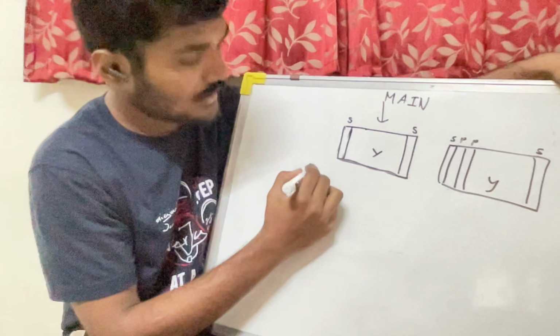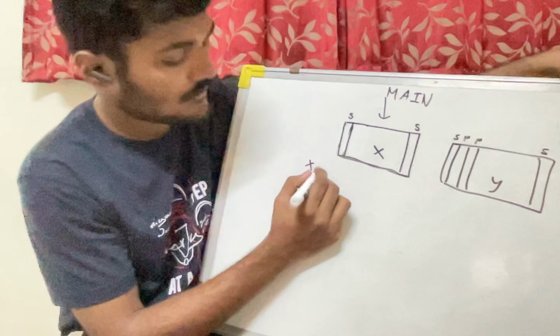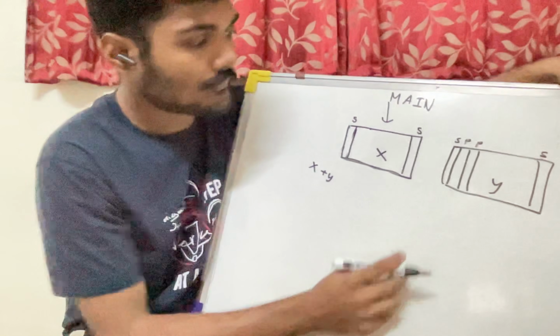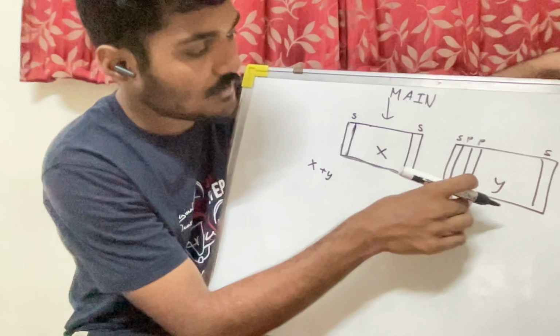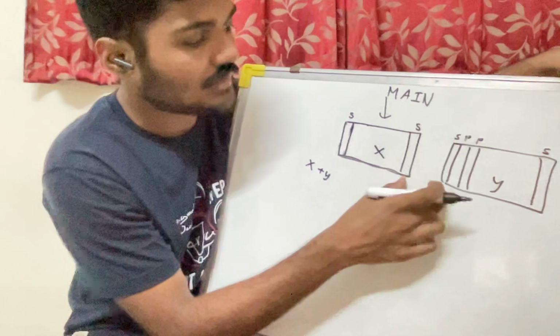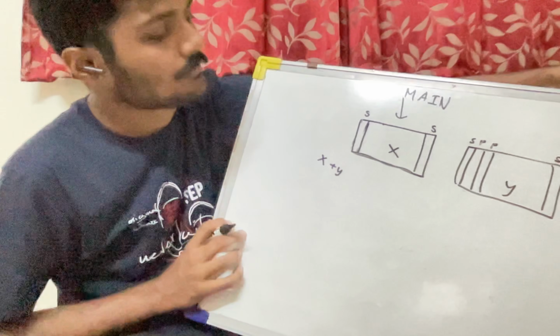Well, it will be X. Oh, this is X. So X plus Y, duh, and we will conserve this P, but it won't need these two sizes, right? So it's basically the same thing. The two pointers, even though they are present there, we can just visualize that they are present over on this side.